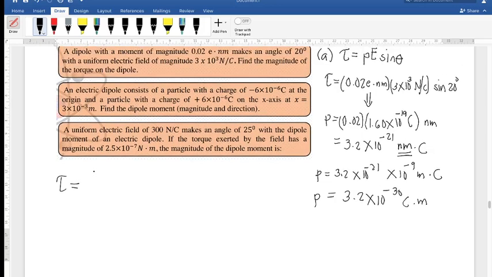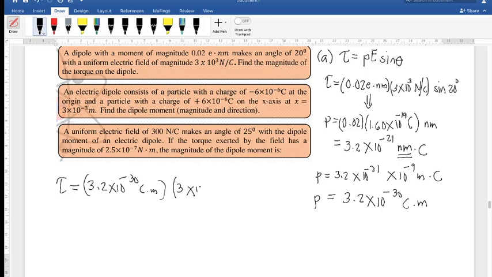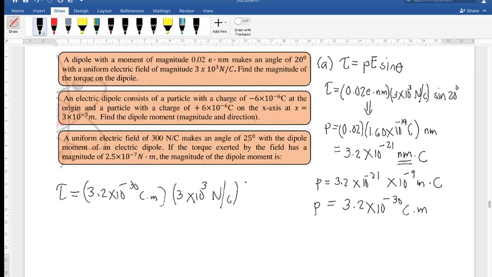So we have here P, which is equal to 3.2 times 10 to the negative 30. Then your E is equal to 3 times 10 to the 3 Newton per coulomb. Then the angle between them gives sine of 20 degrees.